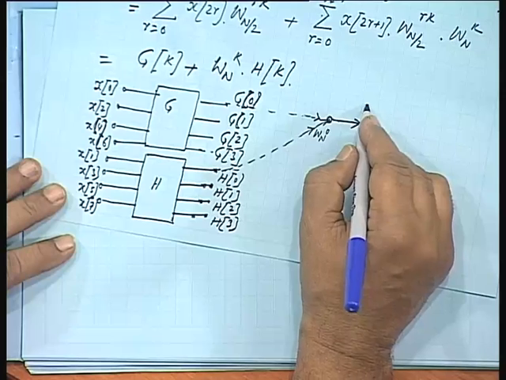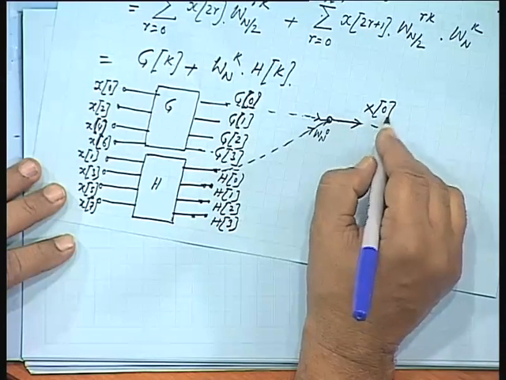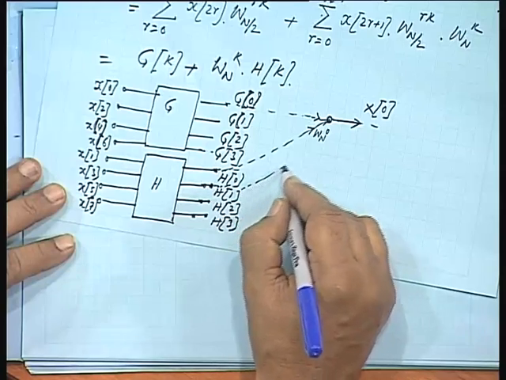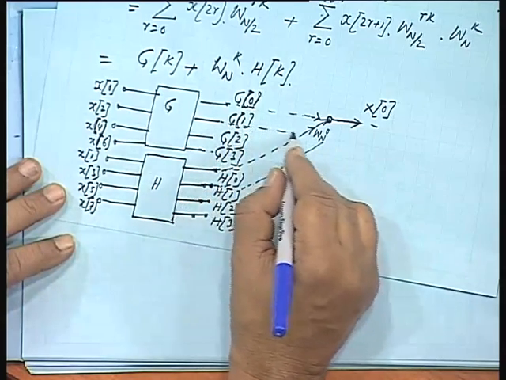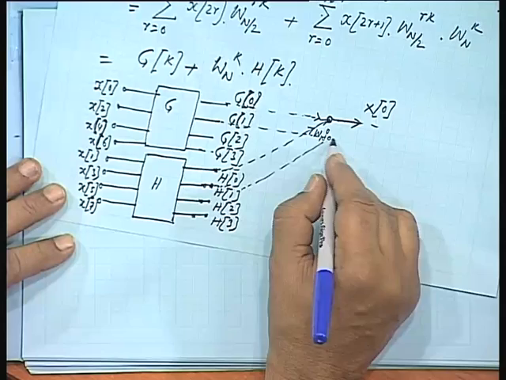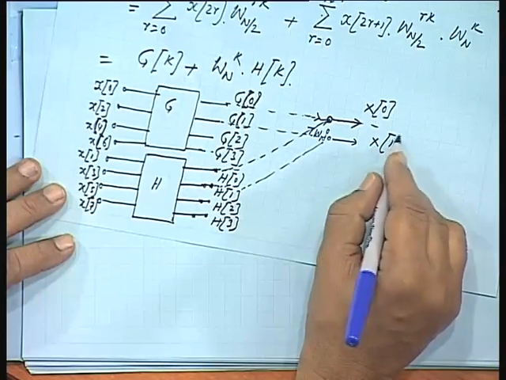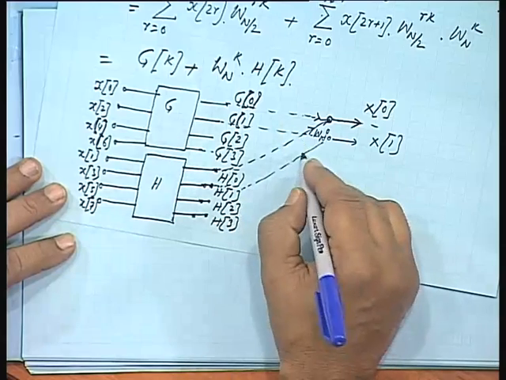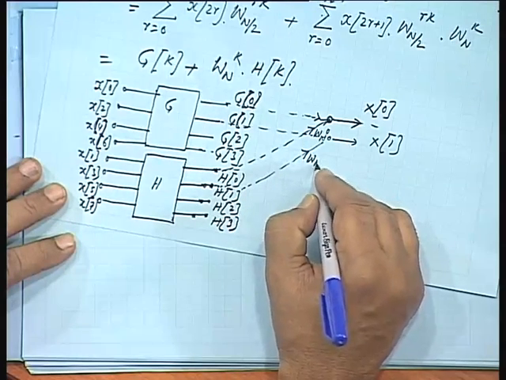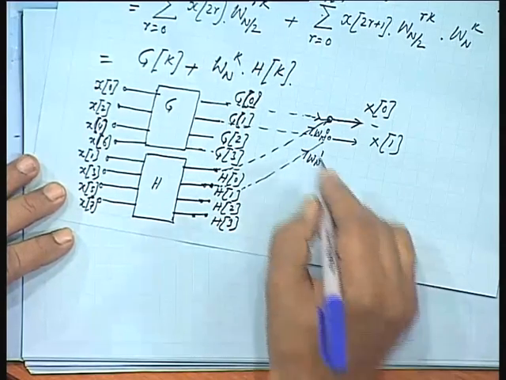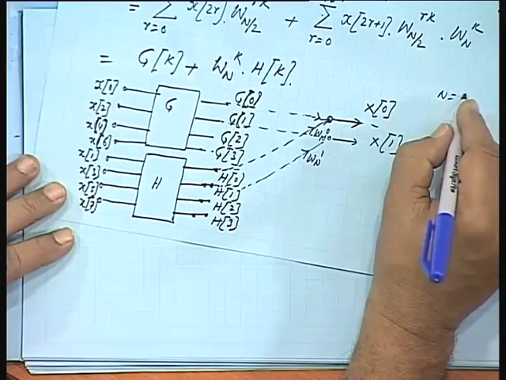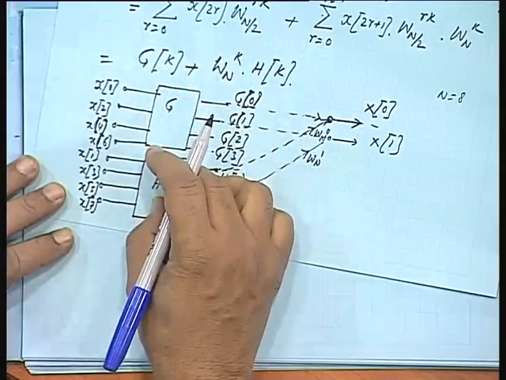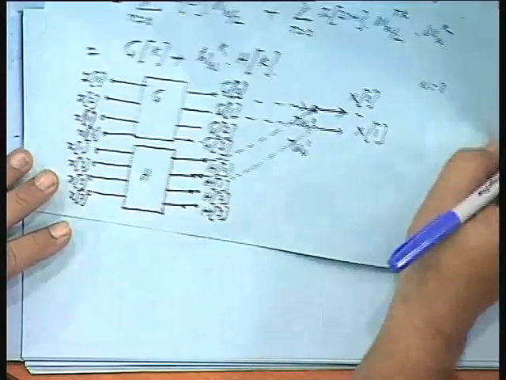So, this will be X0. Similarly, what should be X1? G1 plus W_N^1 into H1. So, H1 has to be multiplied by W_N^1. N is 8 in this example. We have taken a 4-point sequence in each of these. In total it is an 8-point sequence.